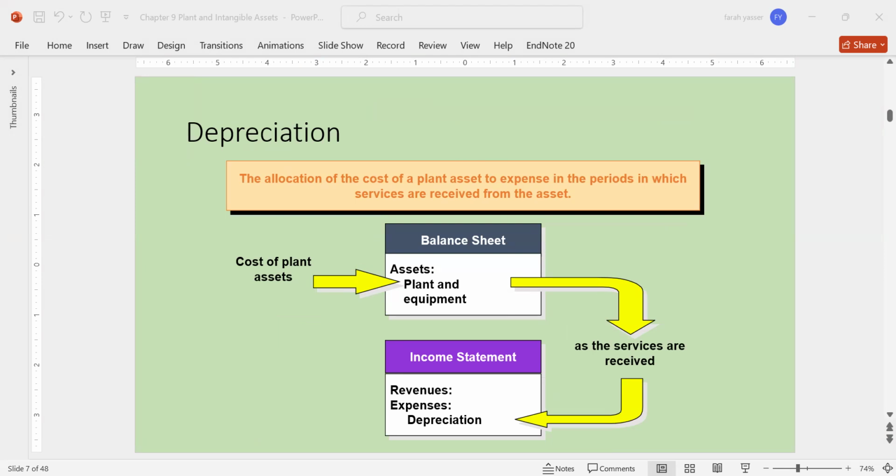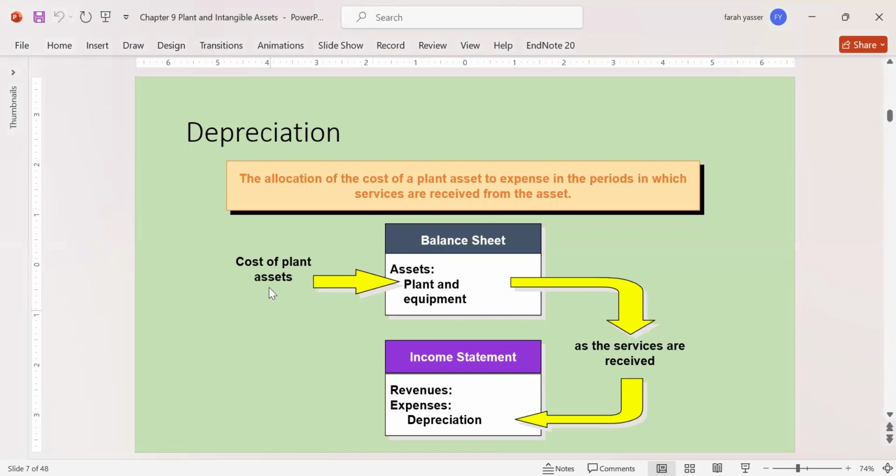It reflects the reduction in the value of the asset as it is used over time. Depreciation basically ensures that the cost is spread out over the years the asset is in use. So that's why it reflects the true value of assets on the balance sheet.